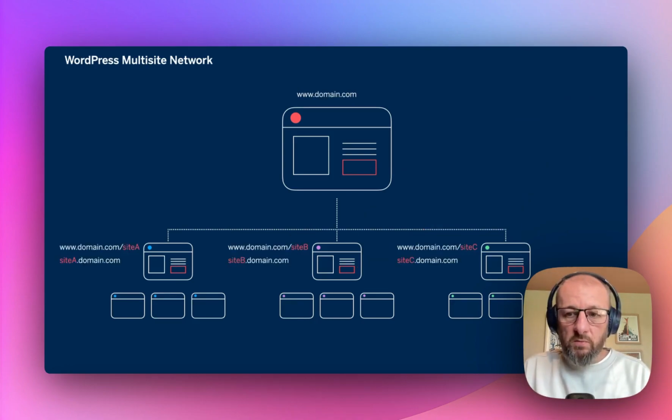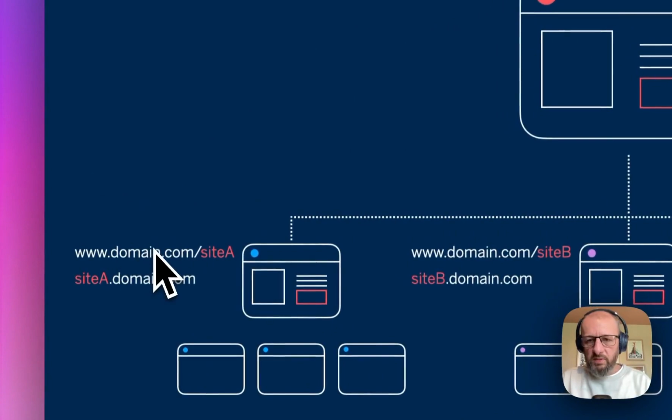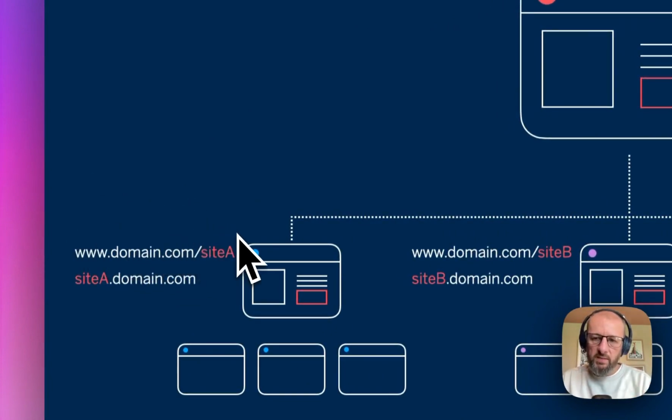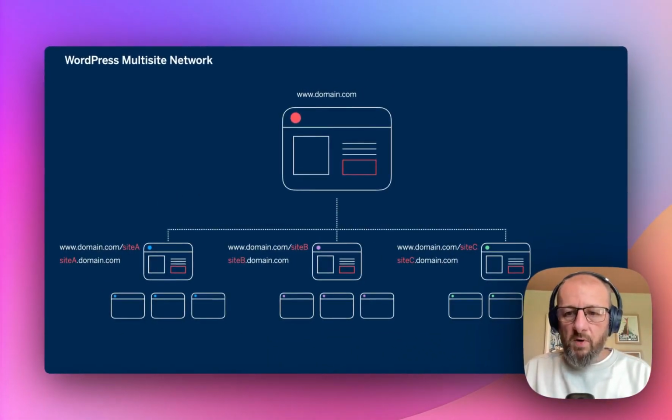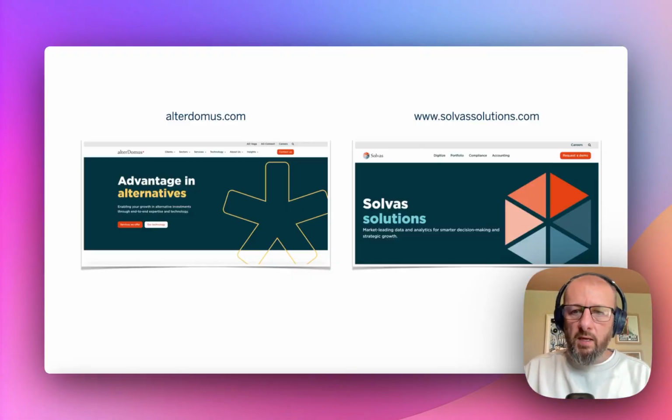Out of the box, WordPress Multisite gives you a couple of domain options. So you can have a subdirectory configuration, so it would be domain.com/sitename, or a subdomain, sitename.domain.com. However, it is possible to configure multi-site to use completely separate domains for sites within the same network.